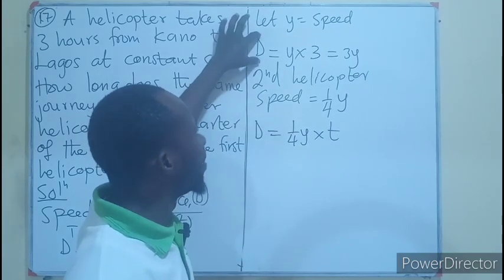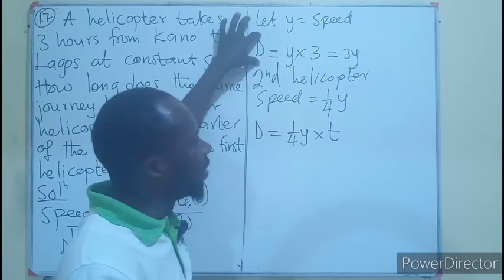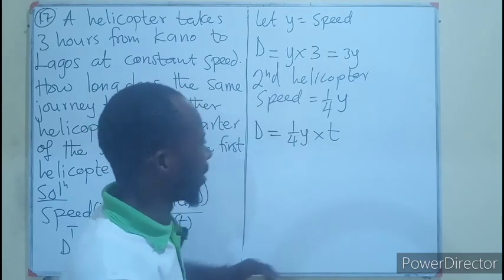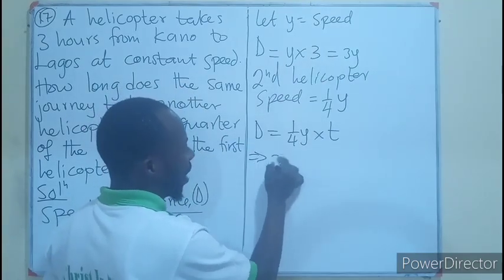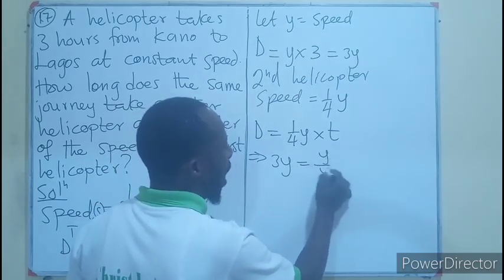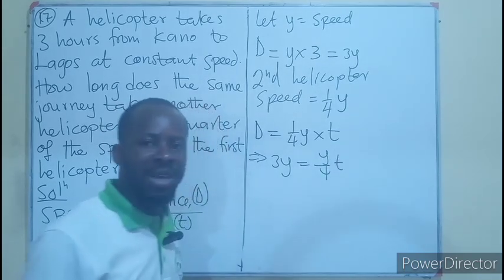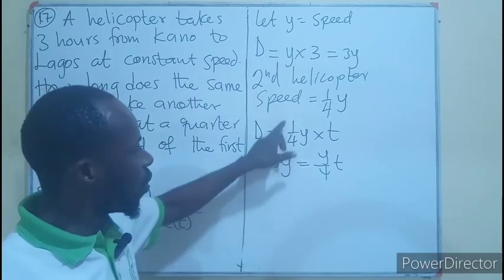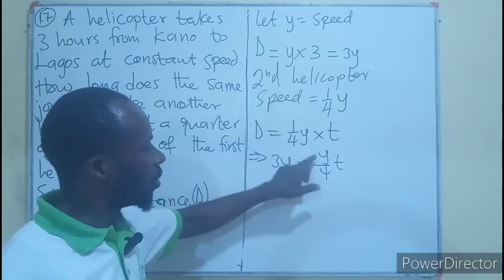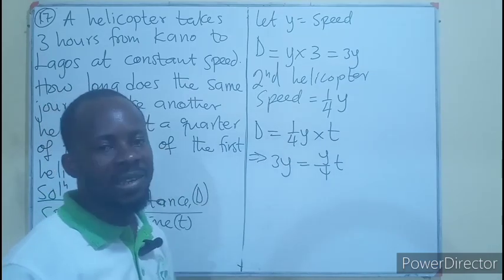Since the distances are the same, the first distance equals the second distance. That implies I'll be having 3y being the first distance equals y/4 times t being the second distance. Don't forget 1/4y, meaning y times 1 over 4, times the t.